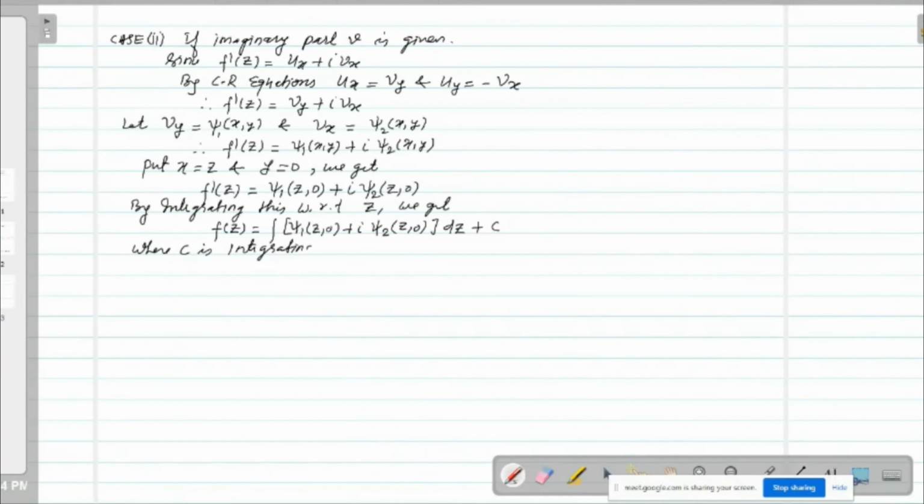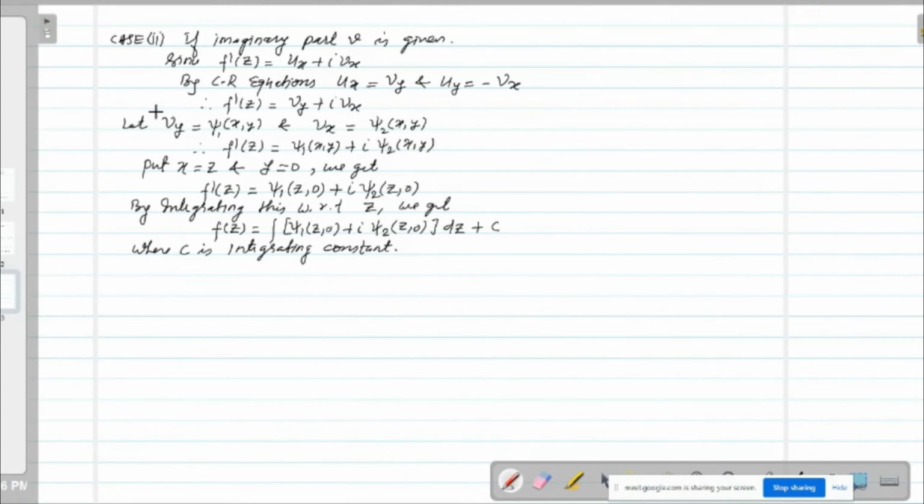So by integrating, you will get the required analytic function. So this is the procedure to find the analytic function when the real or imaginary part is given to you. I hope you understood. Example.